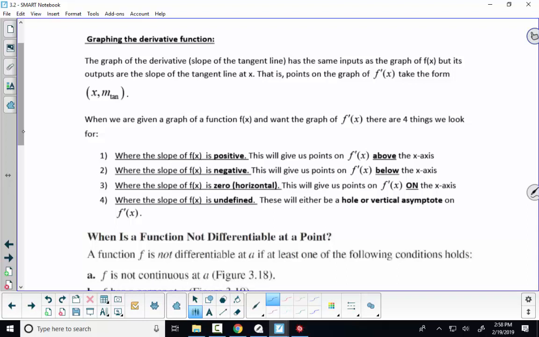The rest of this section deals with how we graph the derivative if we're given the function. It's lengthy, but it's worth reading over. The graph of the derivative is simply measuring the steepness of a curve.